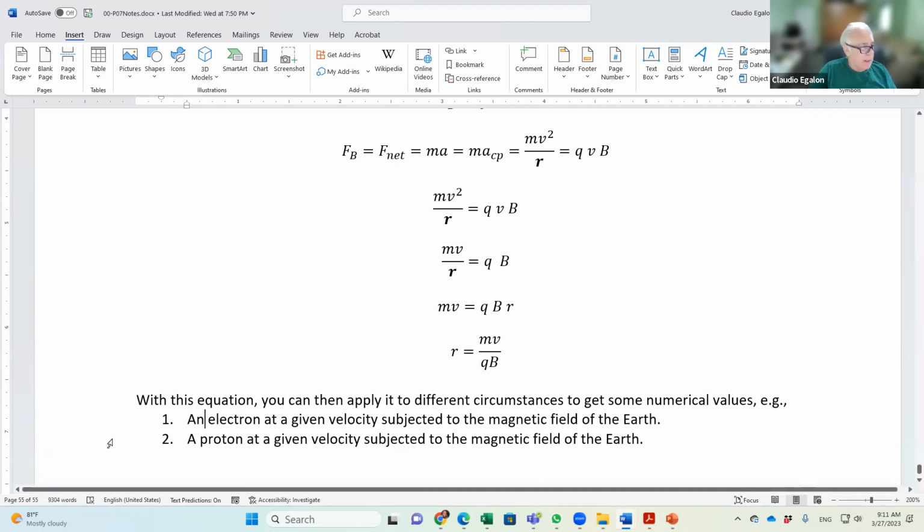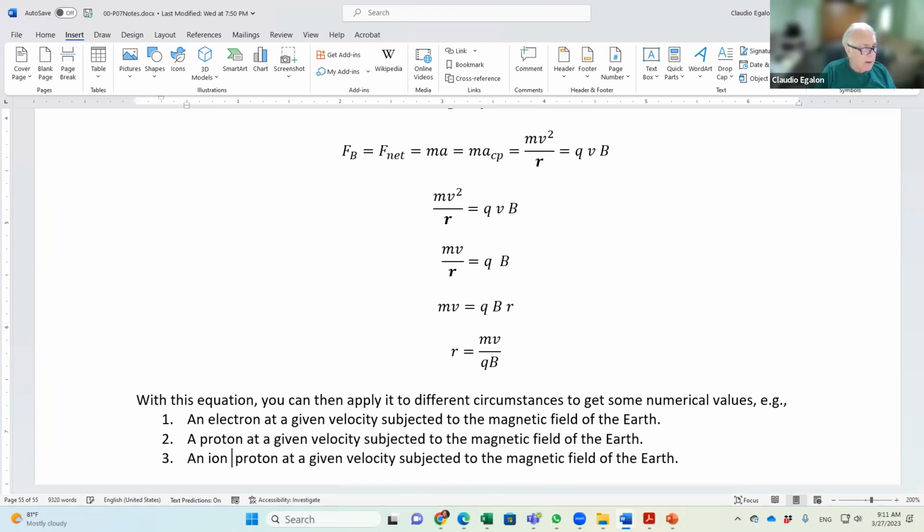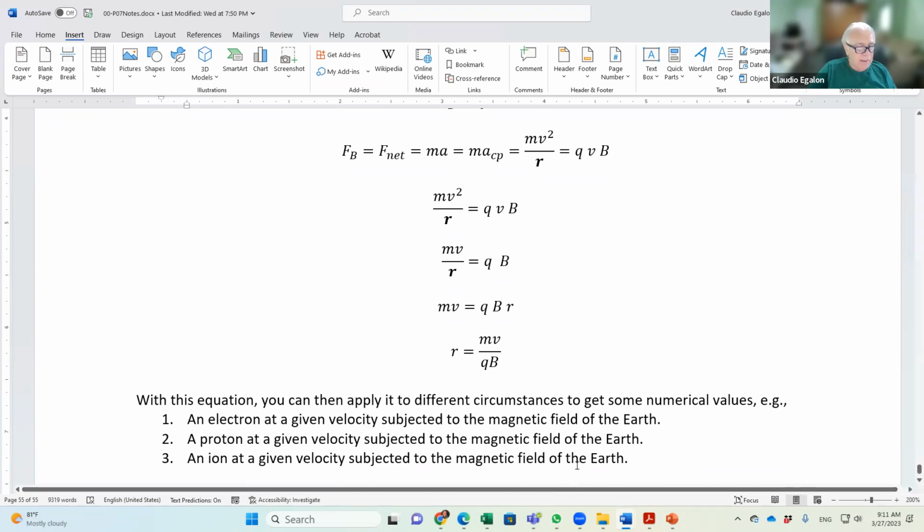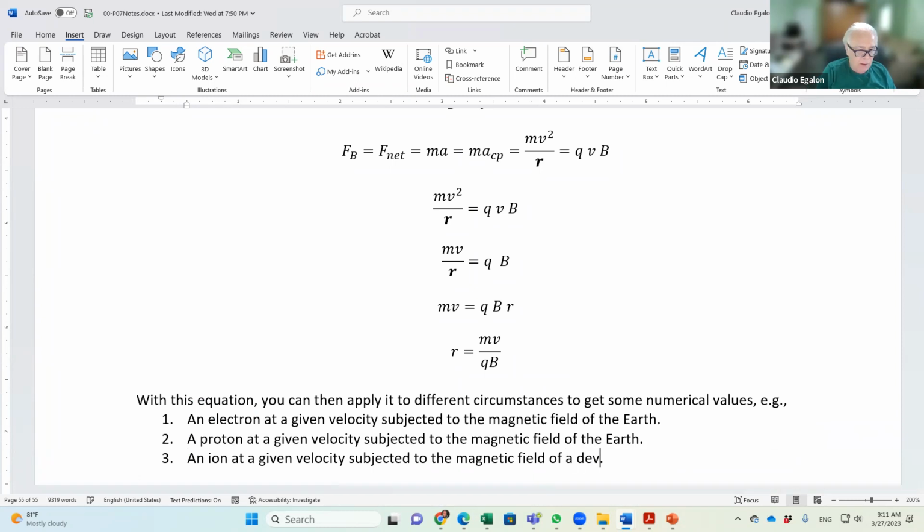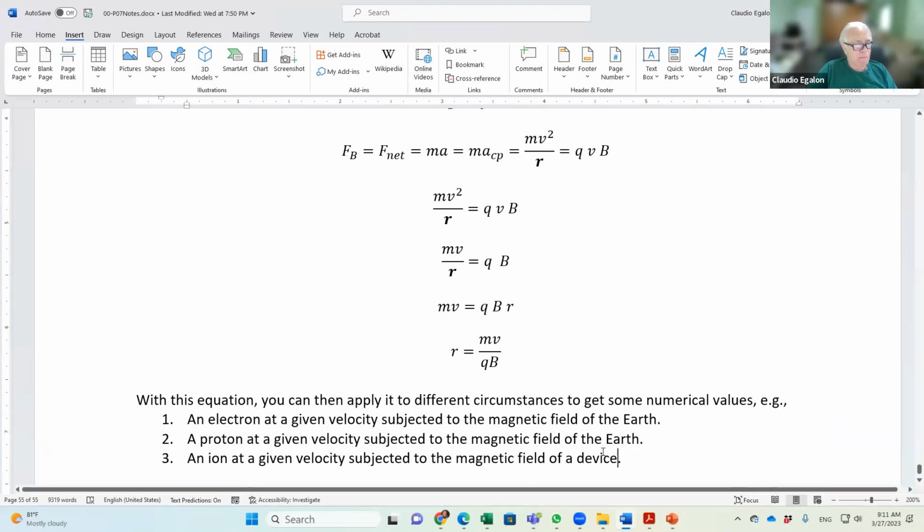It can be an ion at a given velocity, subjected to the magnetic field of a device, and so on.